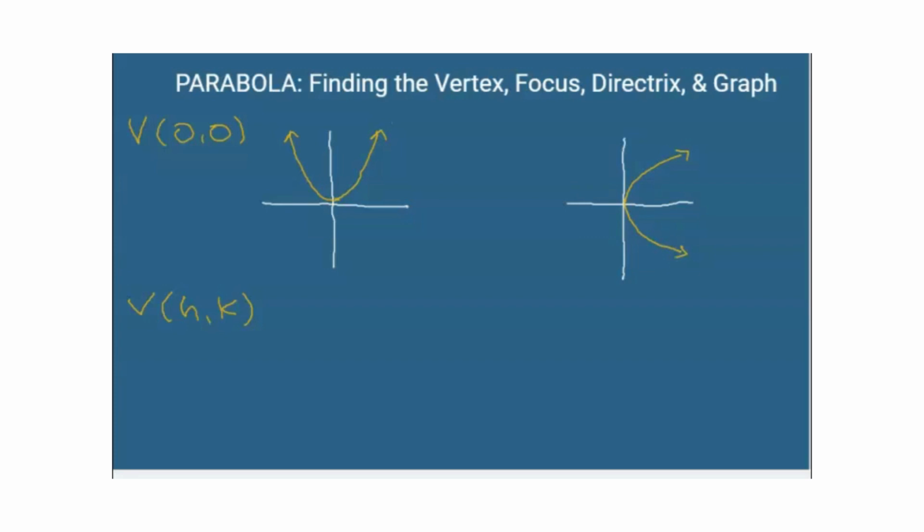So for a parabola that opens upward, the equation that we're going to use is x squared equals 4py. And for the parabola that opens to the right would be y squared equals 4px.